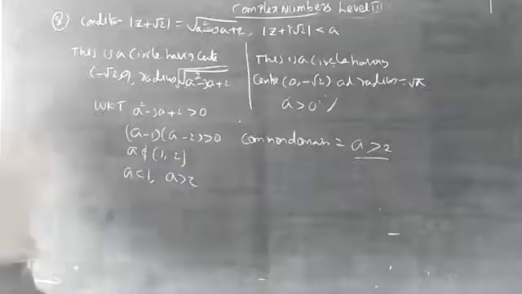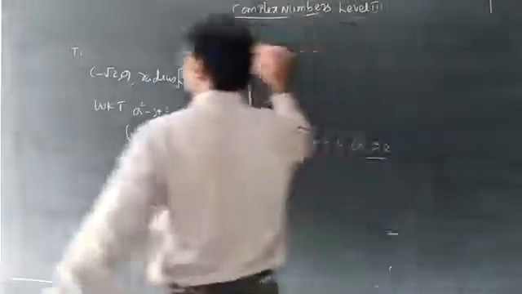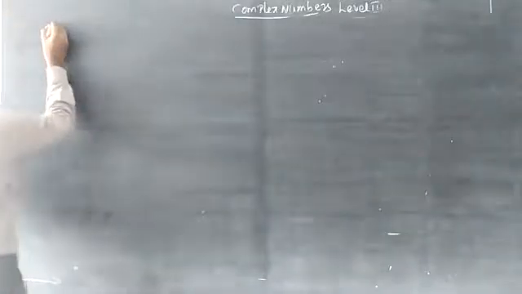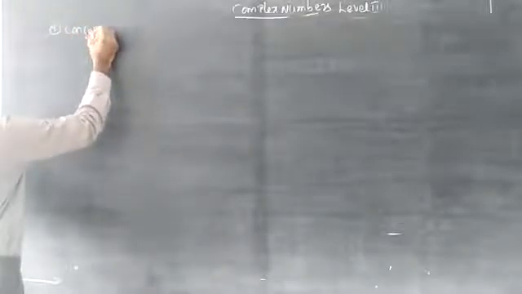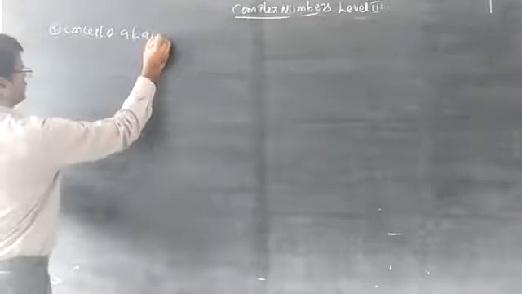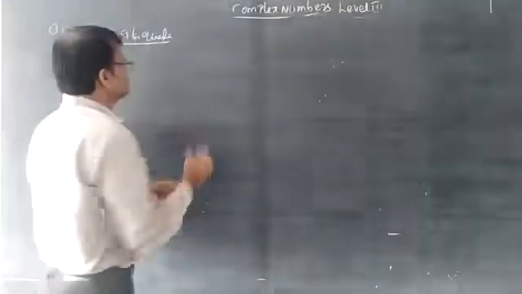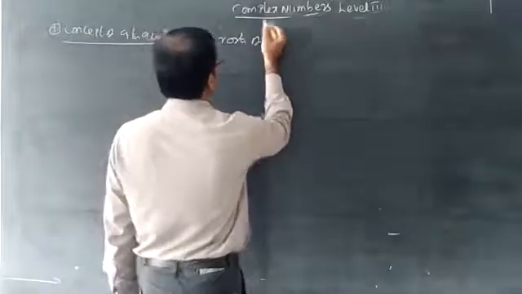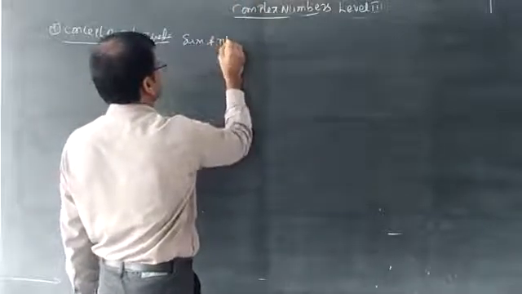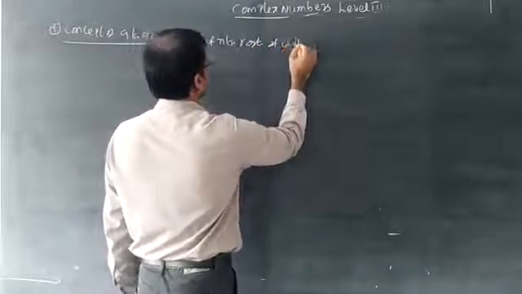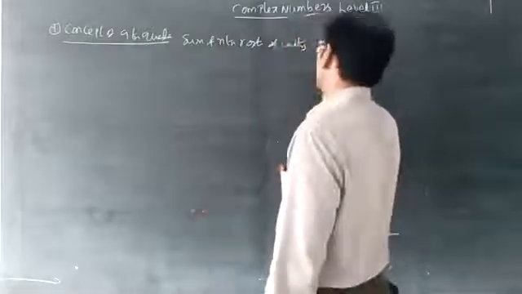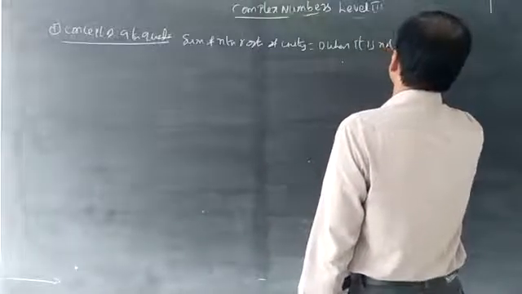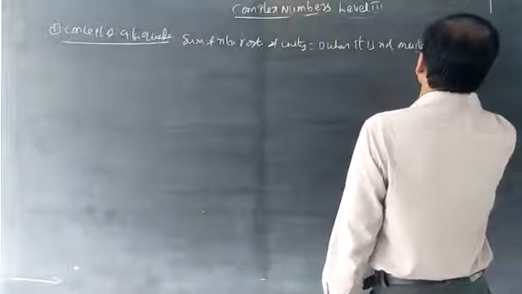Now, the next question. The concept is that the sum of nth roots of unity is equal to 0 when it is not a multiple of n.